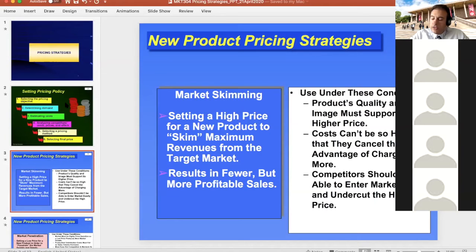However, then there's a strategy that comes into the situation where you say, you know what, this product is new, it's so innovative that there's the potential to try to get as high as possible in order to get as much profit from selling this product.